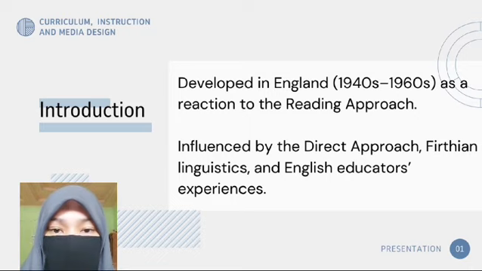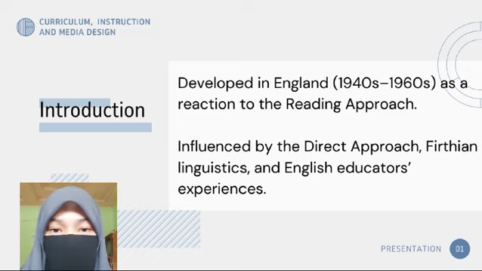The oral situational approach was developed in England between the 1940s and 1960s as a response to the reading approach, which focused mainly on reading and writing while neglecting listening and speaking skills.